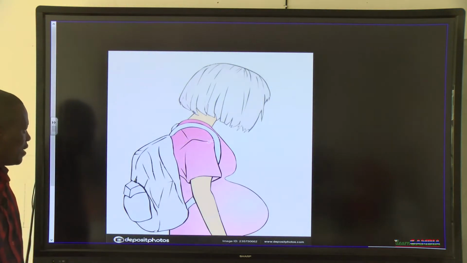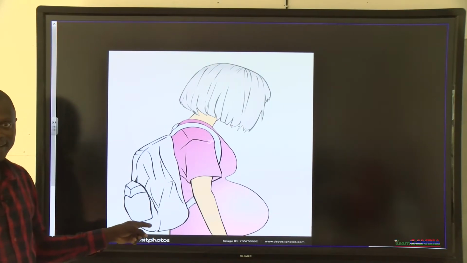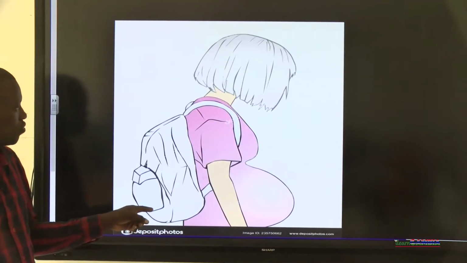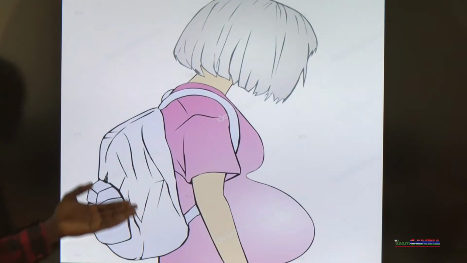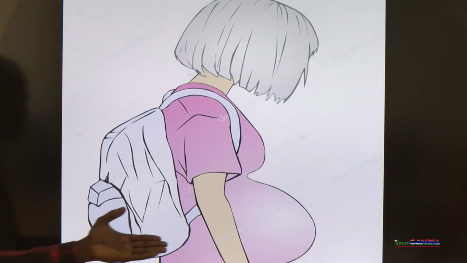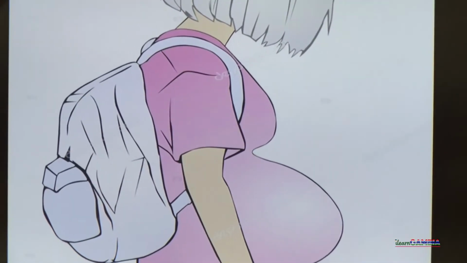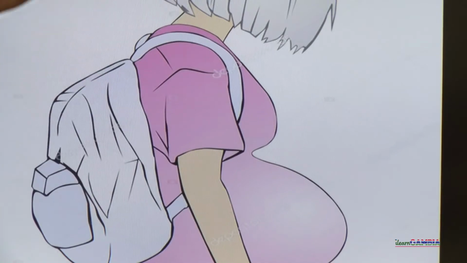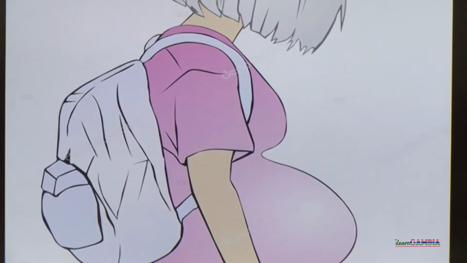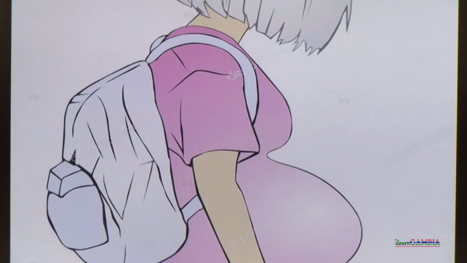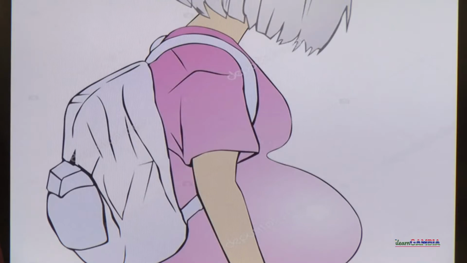Now, what are we seeing here? We are seeing a school girl who is pregnant, and even the image of the girl shows that this person is not quite comfortable.